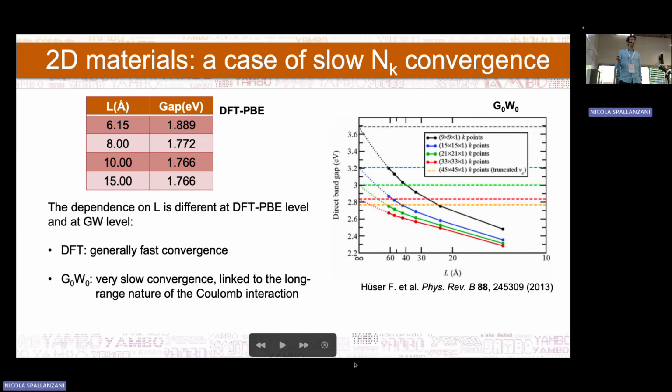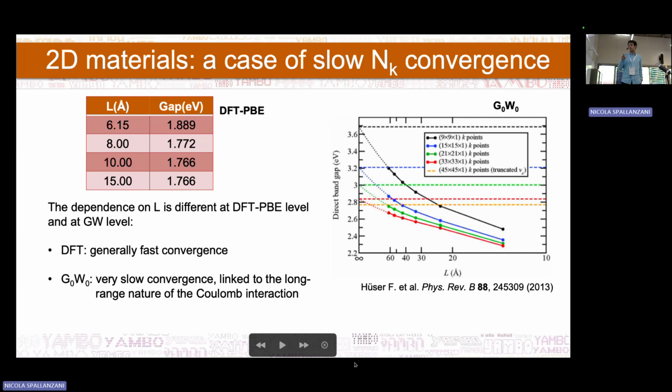In many-body calculations, the trouble is much larger, because the vacuum should ideally be infinitely extended. This is due to the fact that all the quantities depend on the Coulomb interaction. The Coulomb interaction, by its nature, is long-ranged. And so, for a fully converged calculation, ideally, if you don't use an accelerated technique like truncation.